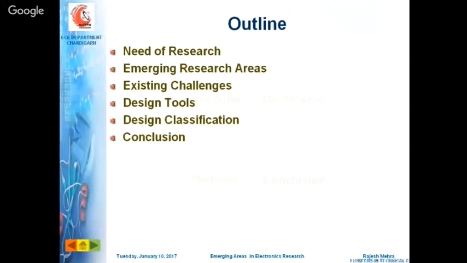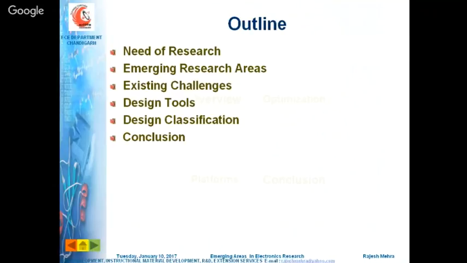So, my presentation will include the following points, and we are going to discuss these points in detail. The outline of this presentation: first we are going to discuss why we need research. Then we are going to discuss some emerging areas of research.